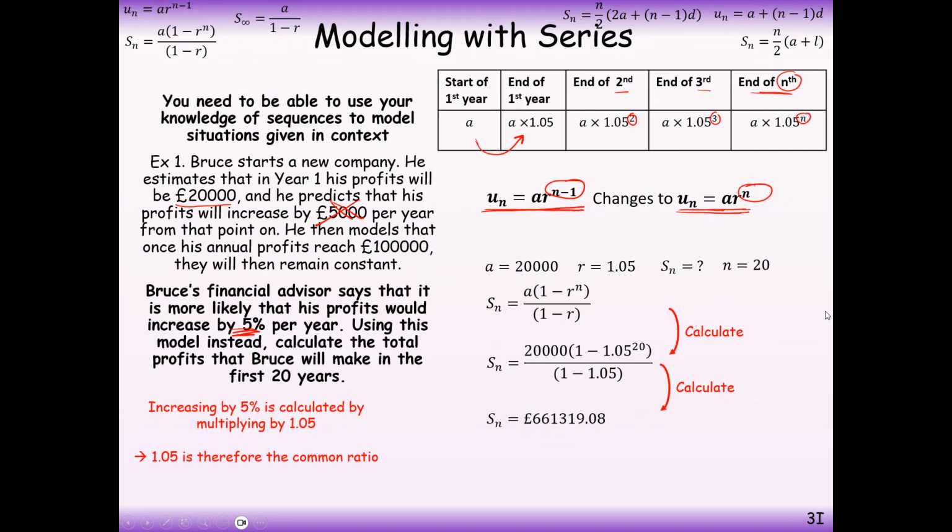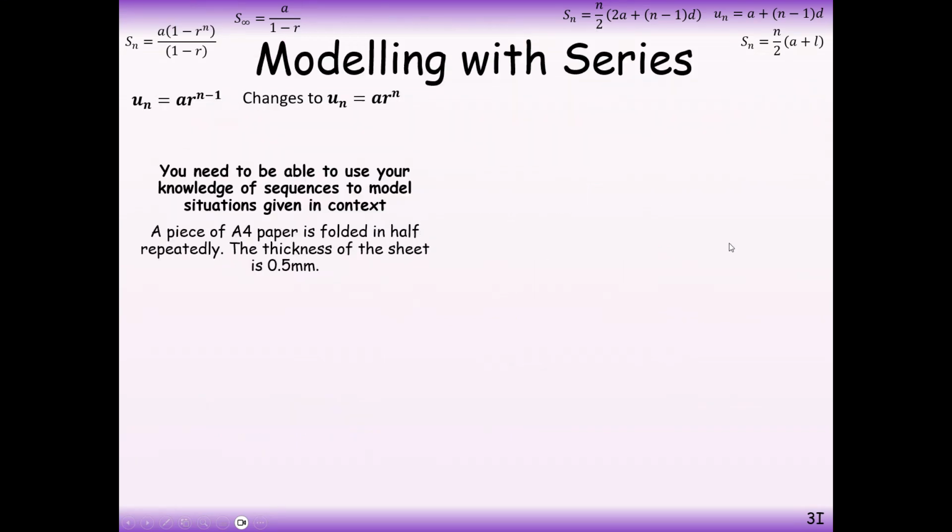If you were asked to calculate a particular year's profit, be careful to make sure that you use this formula. We weren't asked to do that. We were simply using the sum of the sequence, but this is the nth term formula for certain cases that involve financial calculations. We look at this one more time in the next question.